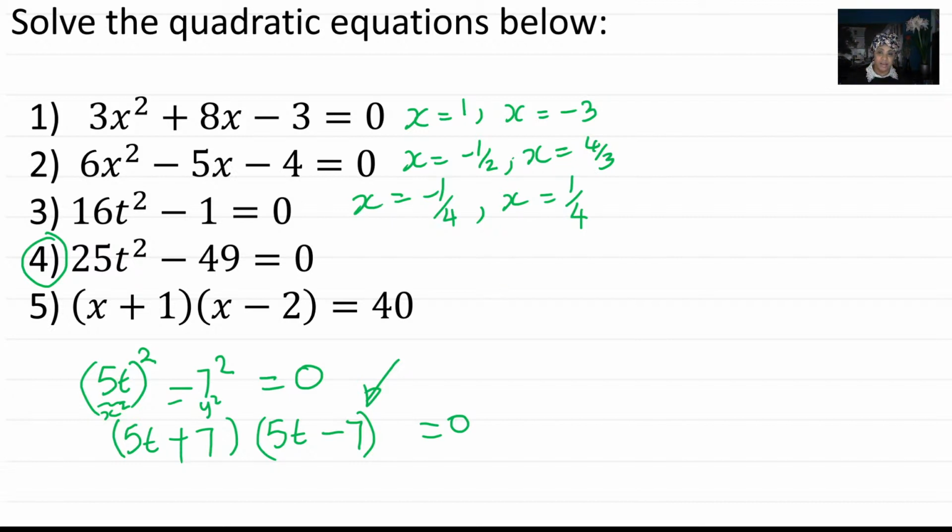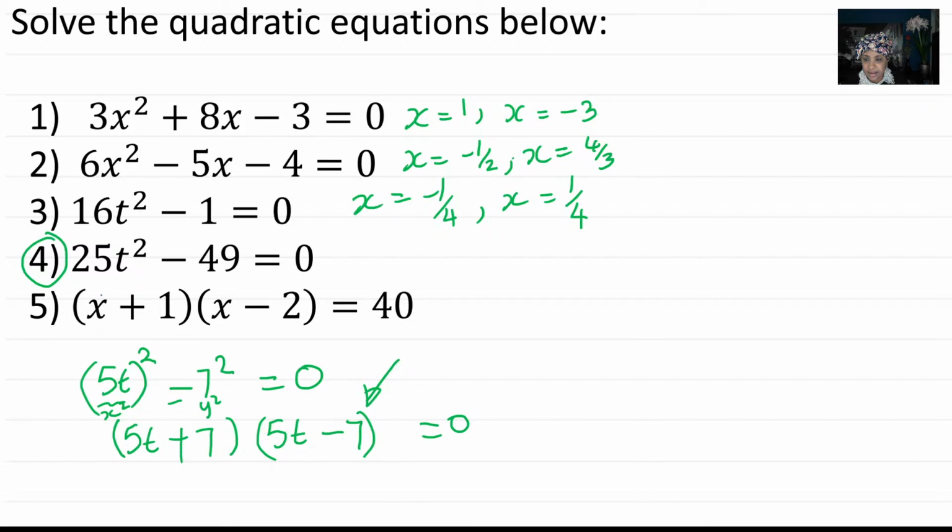We got 40, so we have to rearrange. You can't just say minus 40, both sides equal to 0 and just carry on. What you need to do is expand the brackets first. So multiply out the bracket and then collect like terms. And of course, one side there needs to be 0. Okay, so let's do that one together.